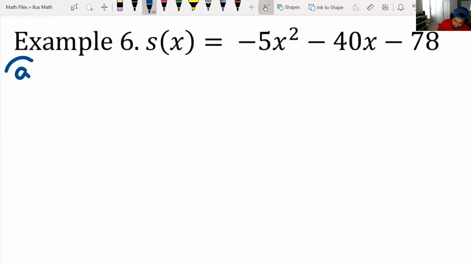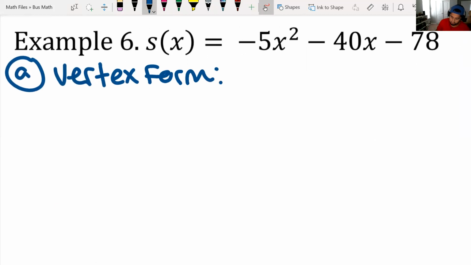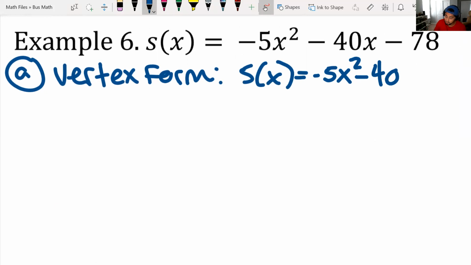So A, vertex form. So I'll rewrite the function. S of x equals -5x squared minus 40x minus 78.